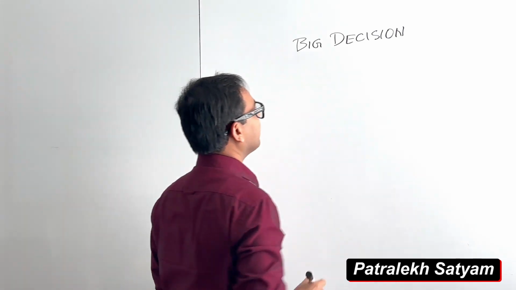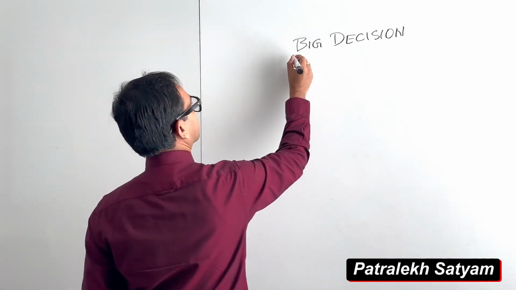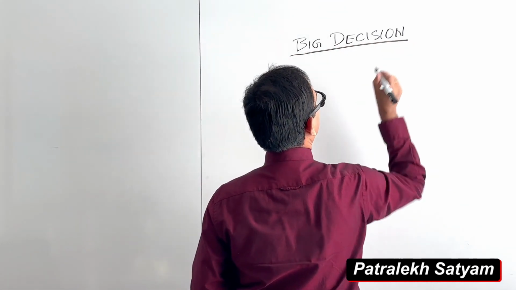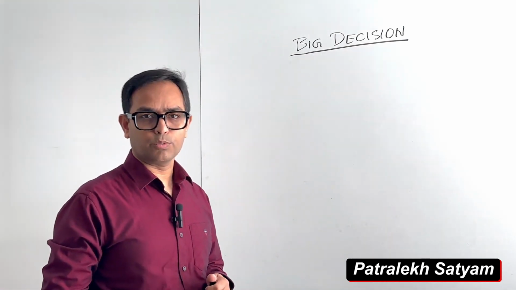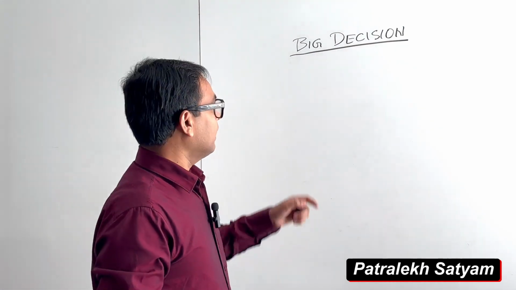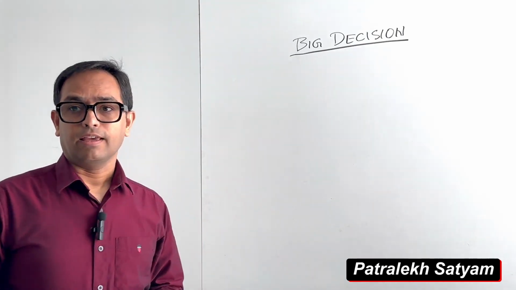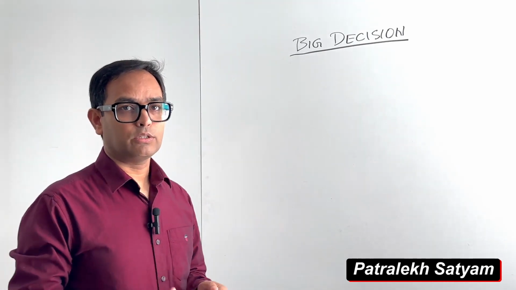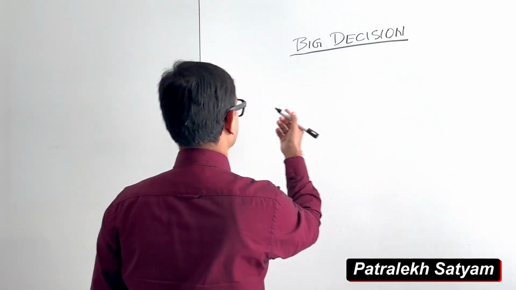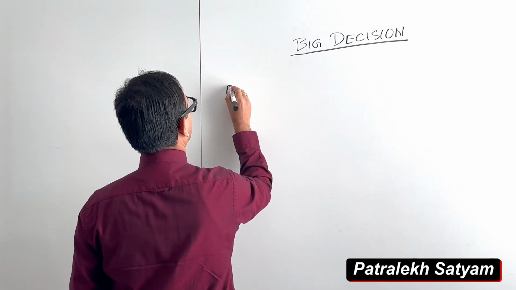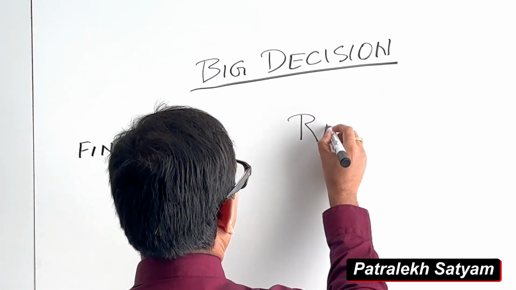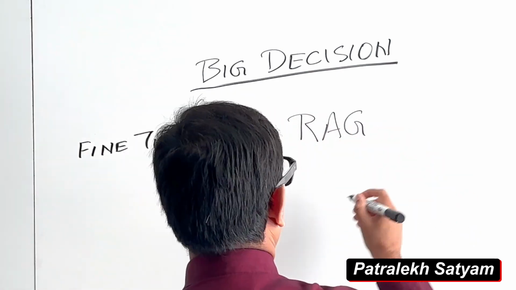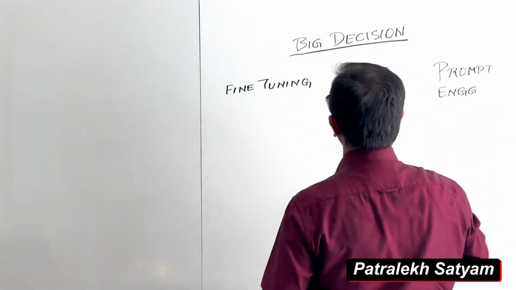When you're building an LLM application, whether it is a brand new application or you're trying to augment your existing product or product suite with LLM, the big decision is what to choose. So you have different things like fine tuning, you have RAG, you have prompt engineering.